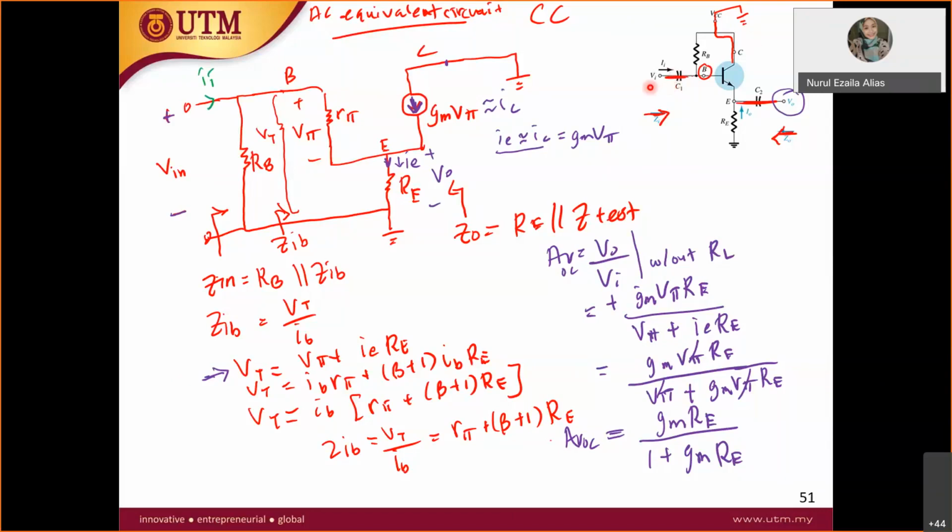V in is connected to the base, so base is the input, and now collector becomes ground. Where is the output? The output is actually at the ammeter. As you can see, they have already written here the I naught. So I naught is here.